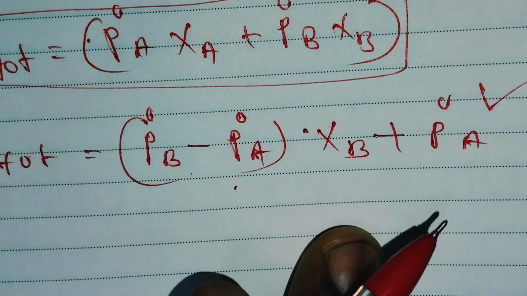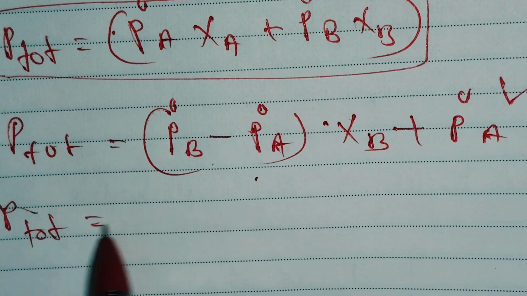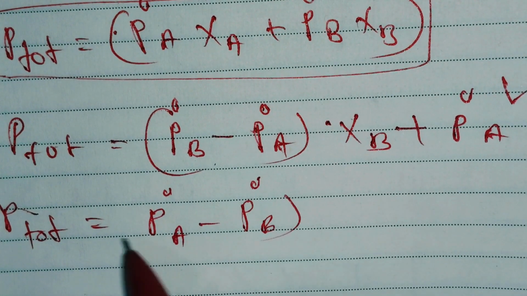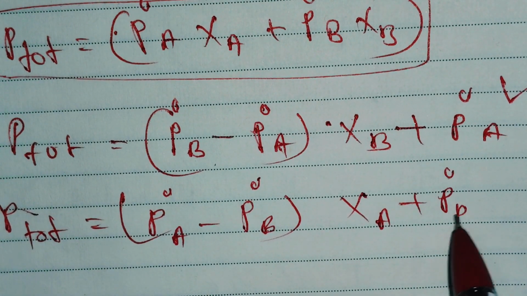And similarly, the total pressure is equal to (P naught of A minus P naught of B) times X of A plus P naught of B.